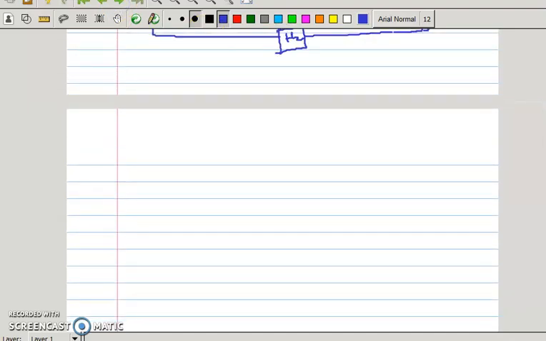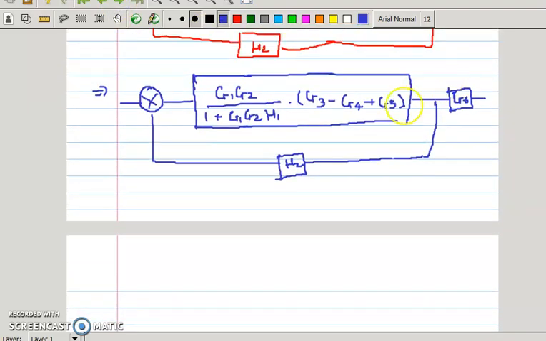Okay, what is the previous rule? See, here we can use again the same rule, elimination of feedback path, for this forward path and this feedback element. So what is that rule?